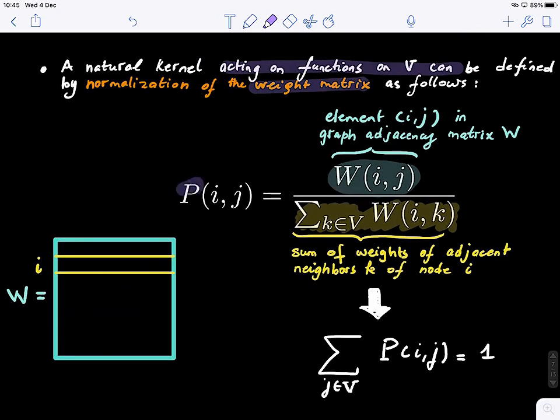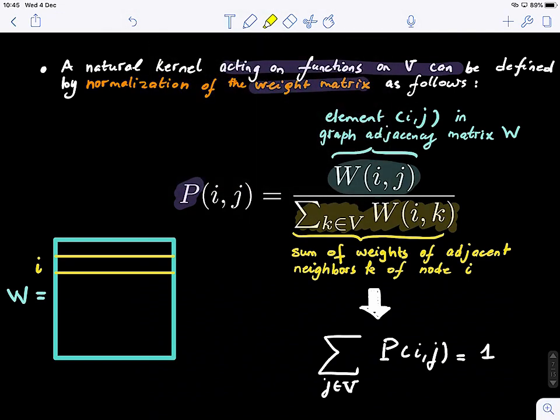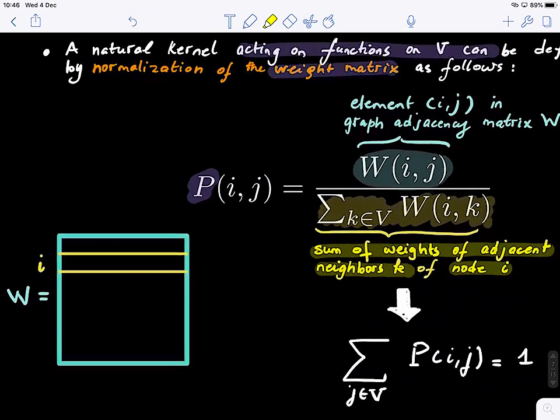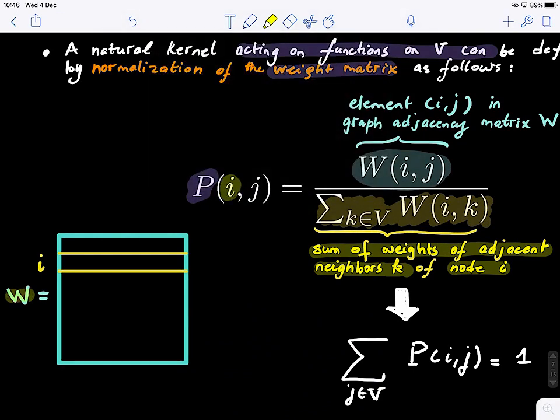So we define a kernel P, and this kernel P is a normalized version of the W matrix. So we have our W matrix, and for each connection, we divide it by the sum of weights of adjacent neighbors K of node I. So if we take matrix W, and for an element I, we compute the sum over all other nodes K. Of course, if there is no connectivity, it will be 0.